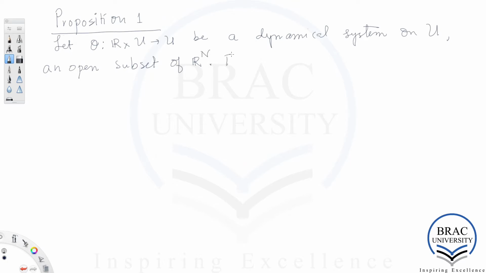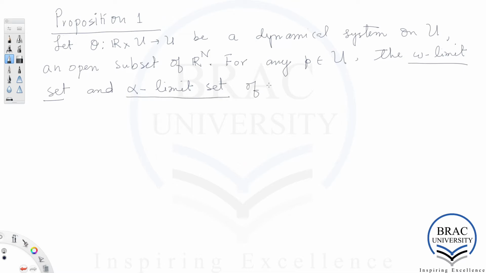For any P in this open set U, the omega limit set and alpha limit set of the orbit of P are closed invariant subsets of U.